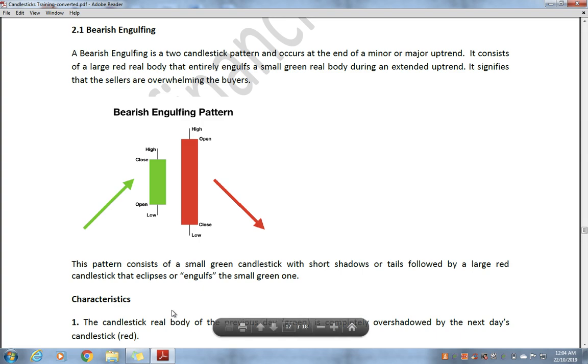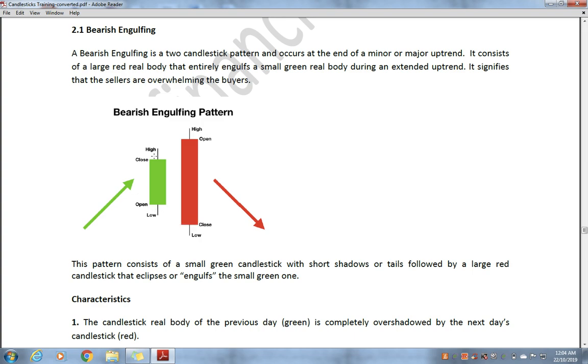A bearish engulfing is a two candlestick pattern. Prices have been rising. There has been a good increase in the prices, and at the top of the uptrend, we will see a small green candlestick. This is nothing but the peak of the uptrend. It can be a minor uptrend or it can be a major uptrend.